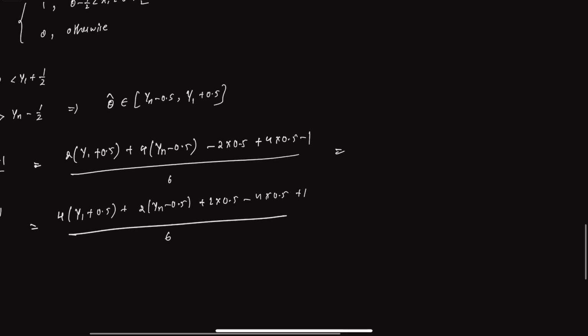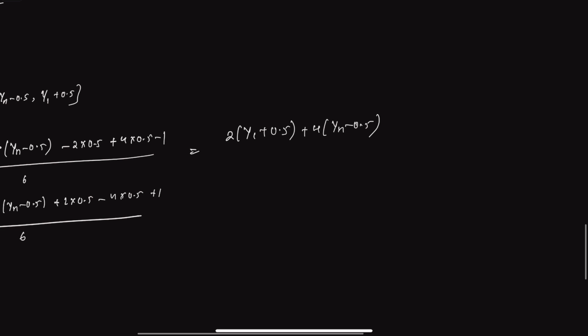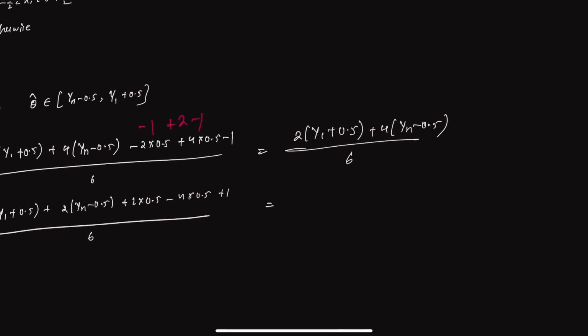So this is nothing but 2 times (y1 plus 0.5) plus 4 times (yn minus 0.5). The constants become minus 1 plus 2 minus 1, that means 0, divided by 6. In the same way here, it becomes plus 1 minus 2 plus 1, which is 0.